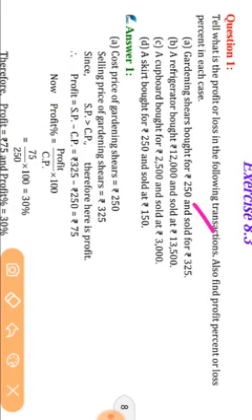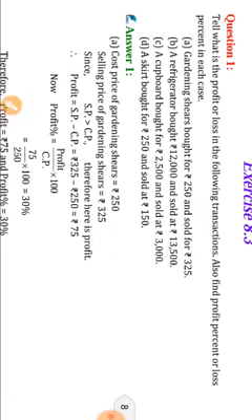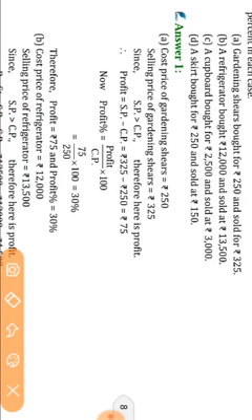So cost price of gardening shares is 250 and selling price is 325. See here, the selling price is more, which means you got a profit. Profit is equal to selling price minus cost price, so 325 minus 250 is 75.